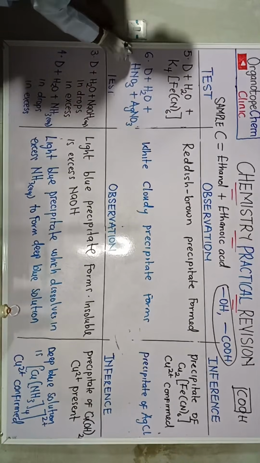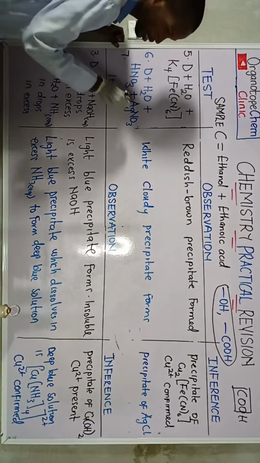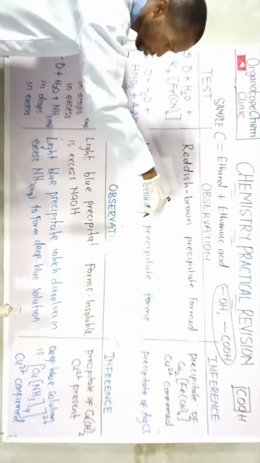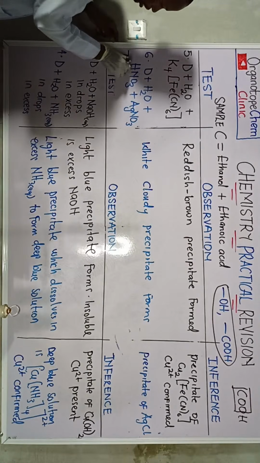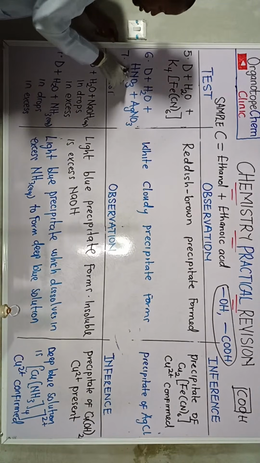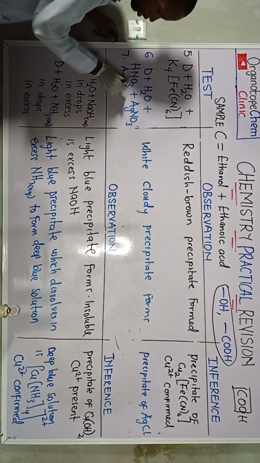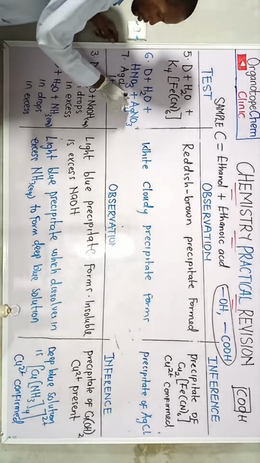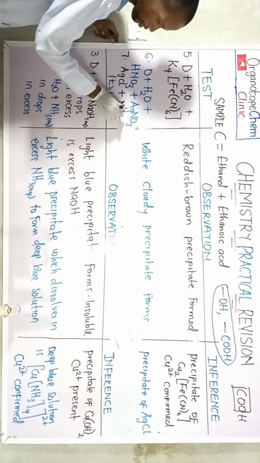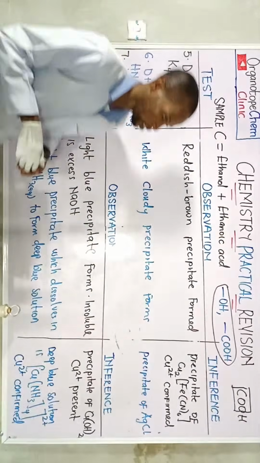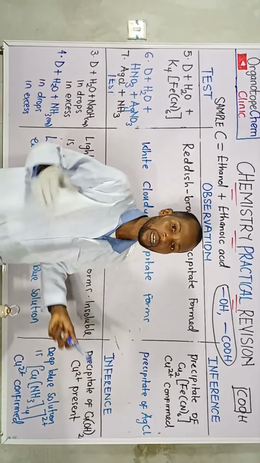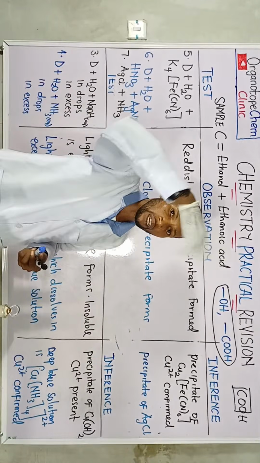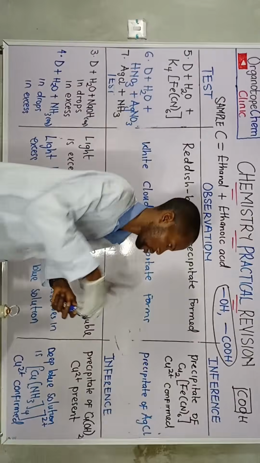So number 7, let me write it with black ink. Precipitate is what we are considering, okay? AgCl plus ammonia. It has been confirmed that the precipitate is AgCl, so we can write it like that. Or you write precipitate in 6 plus ammonia.